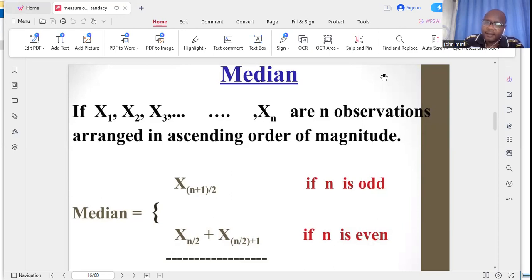The key important thing when you're calculating the median is that you should arrange your data or observations in ascending or descending order, so that you can calculate well.